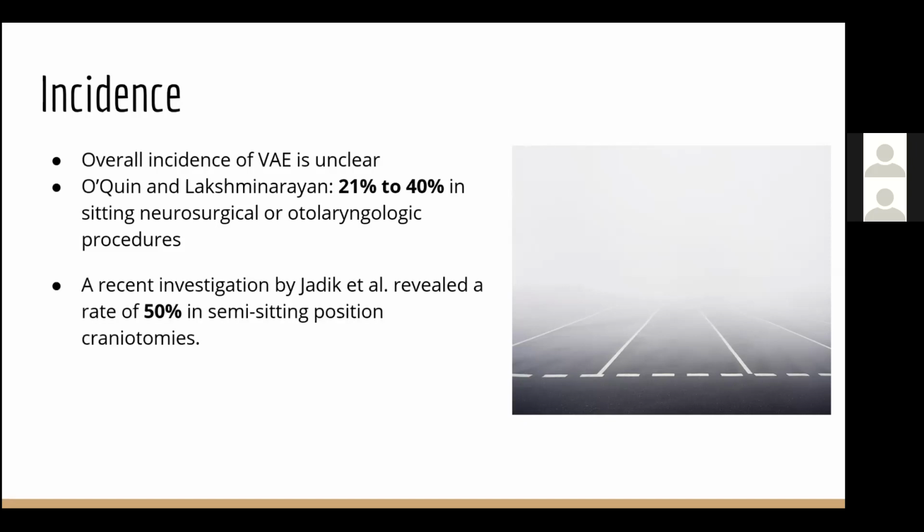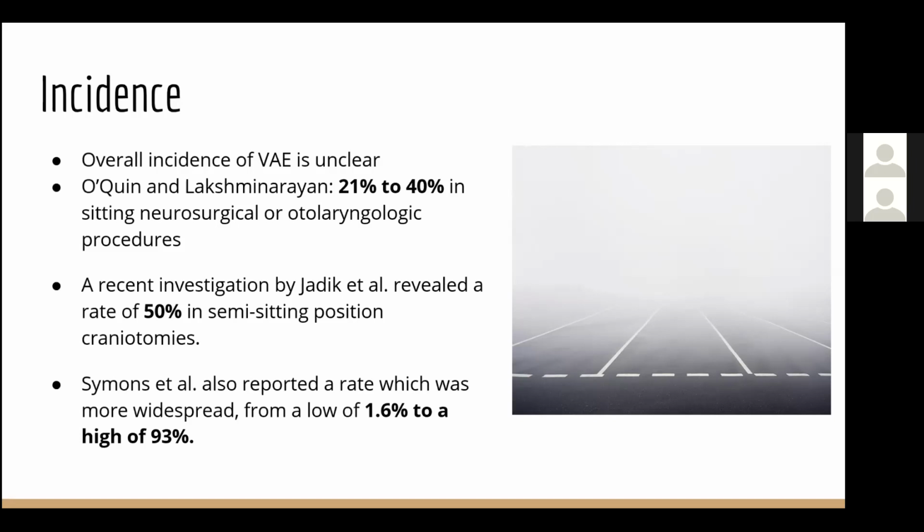Another study suggests it is 50% in semi-sitting craniotomies, and another says its incidence is as low as 1.6% and as high as 93%. So incidence is not clear. It all depends on the method used to detect this embolism.